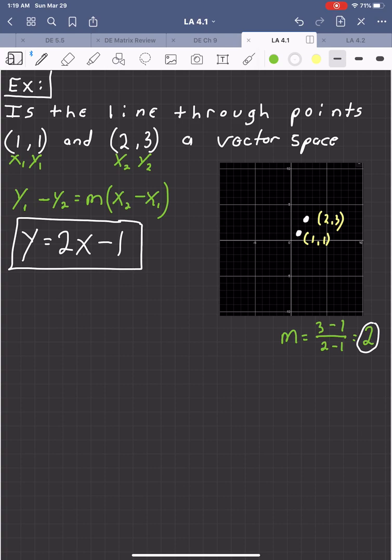Okay. So what is the vector space that you are considering? Well, it is the line drawn by the equation y equals 2x minus 1. Now, let me pretend like this were the problem that I was given.